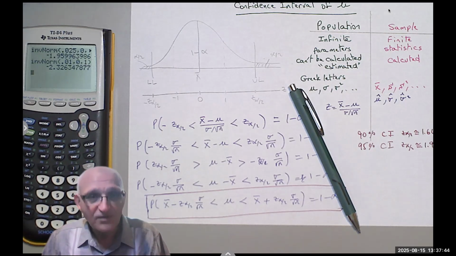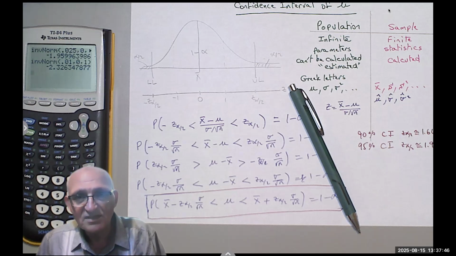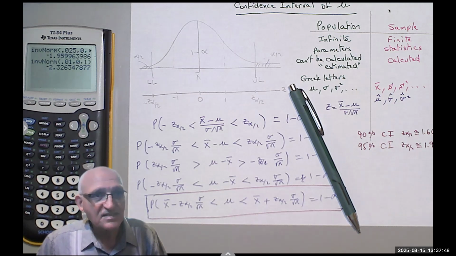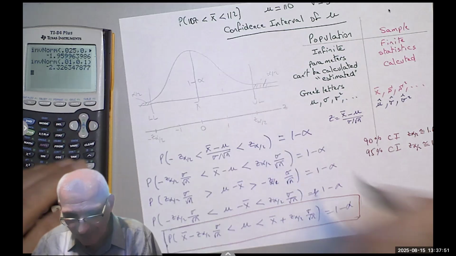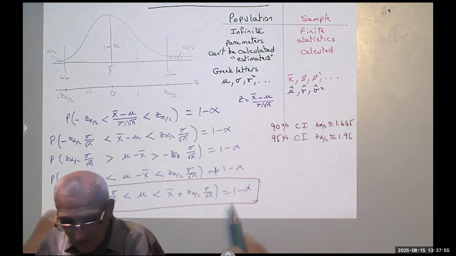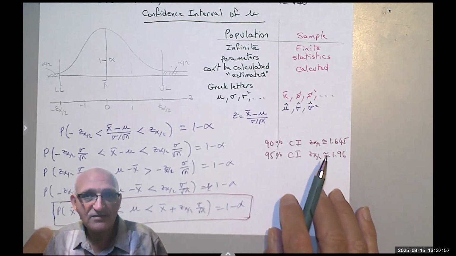Yeah, negative 2.33. If you wanted less than that, you can go even to 2.58. Anyway, you can easily construct the confidence interval using this method.